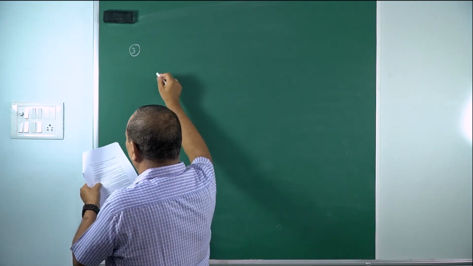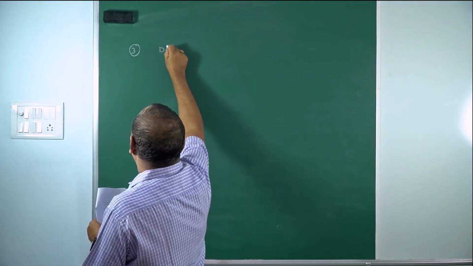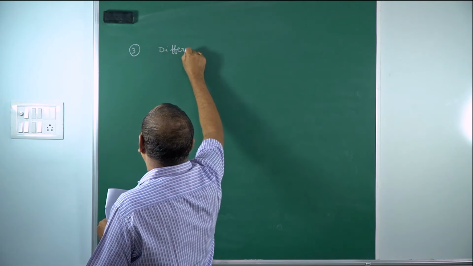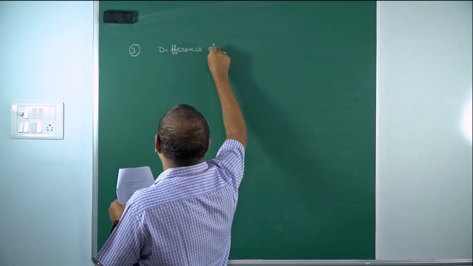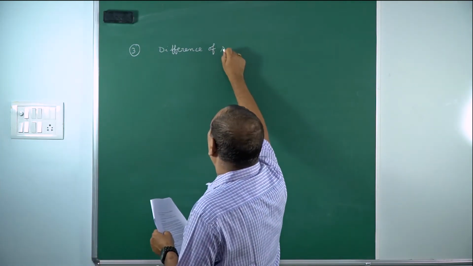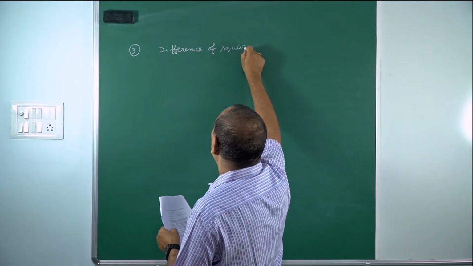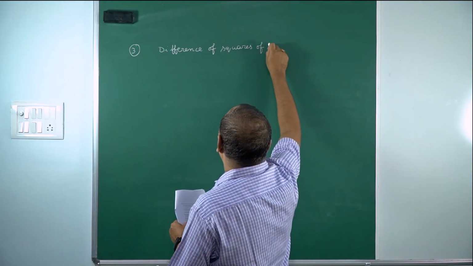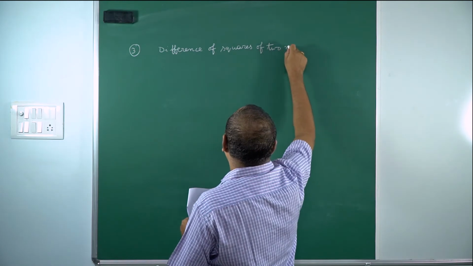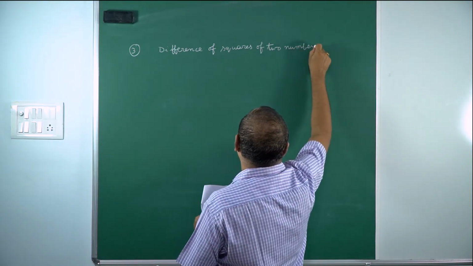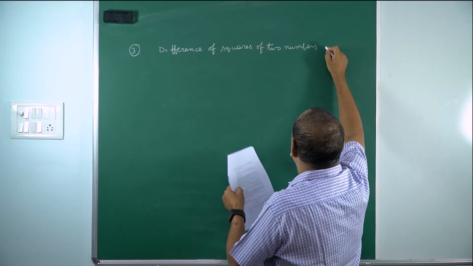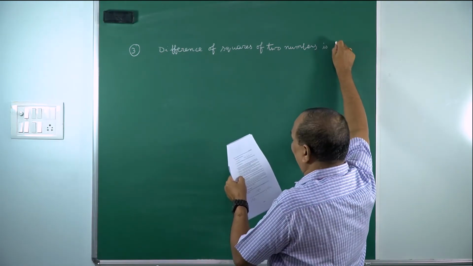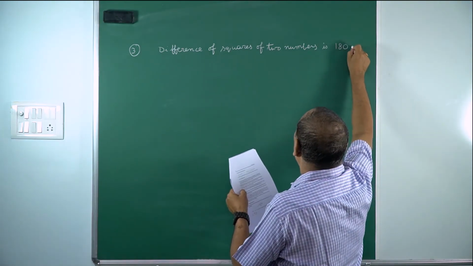Difference of squares of two numbers. But you don't have numbers, squares of two numbers. The difference of squares of two numbers is 180. This is the first one.